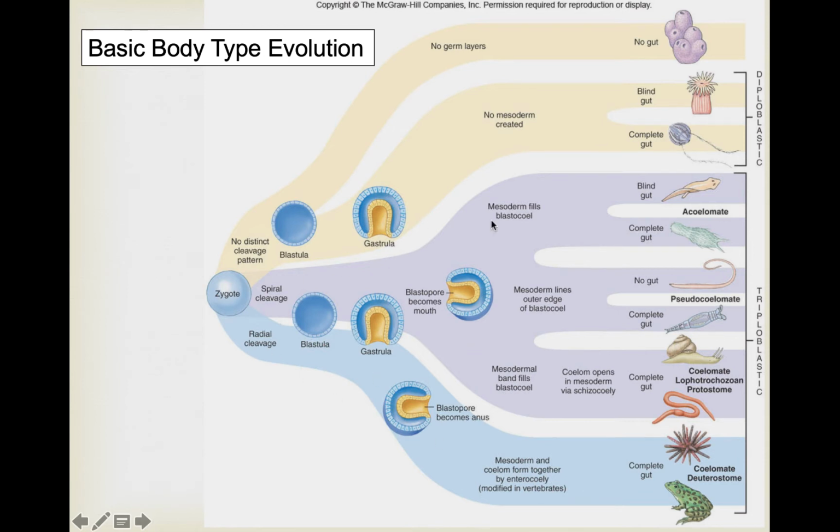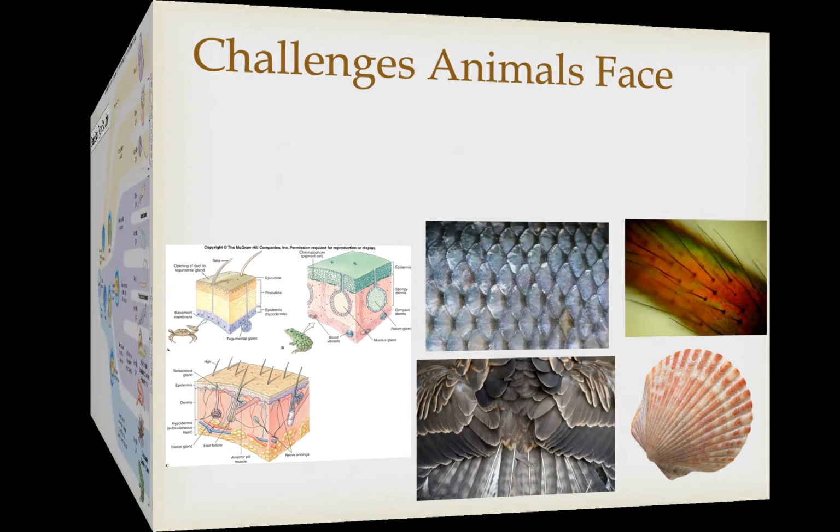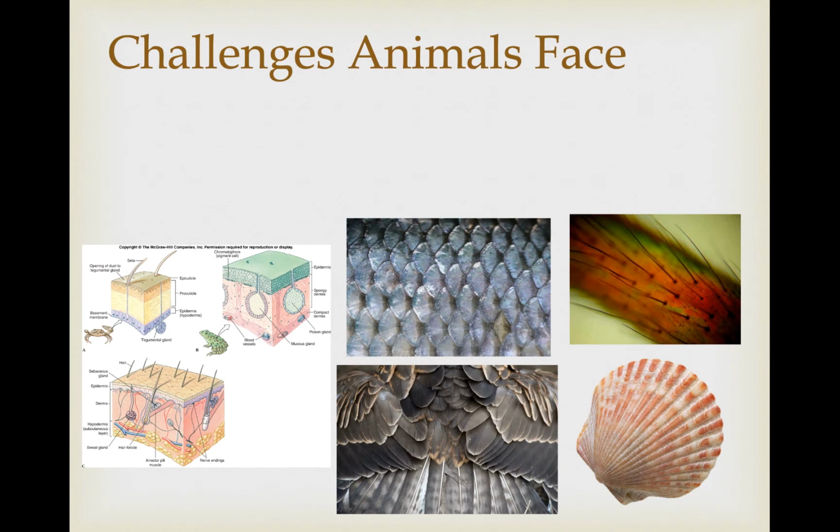So we'll be tracking all these things from an evolutionary or phylogenetic perspective as we're tracking the various morphological, physiological, and behavioral adaptations seen in different groups of animals. Let's spend a little bit more time talking about these key challenges that all animals face.